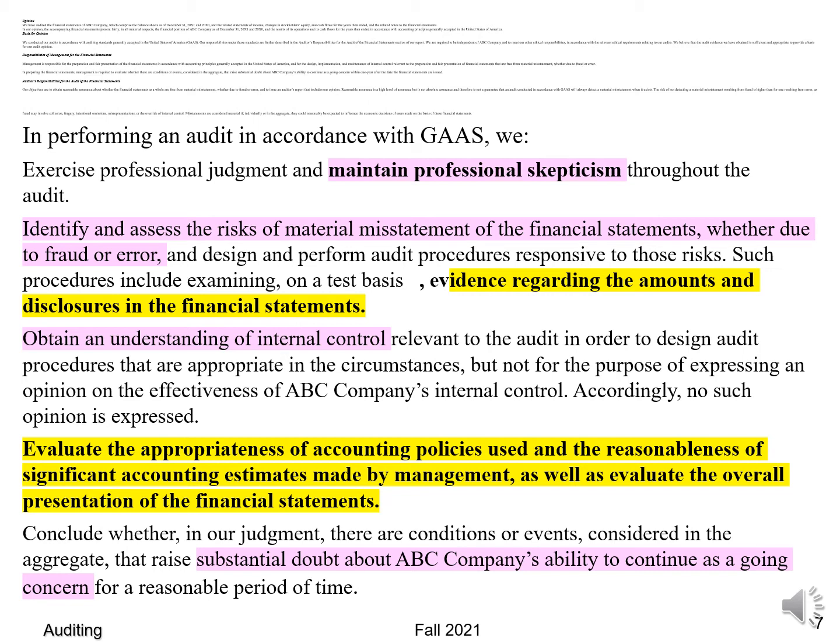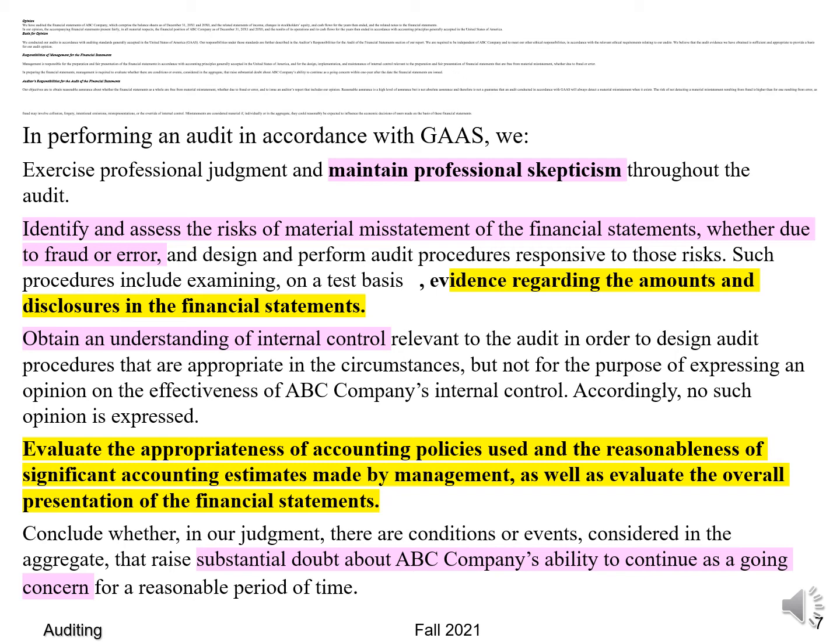Okay, so to me, there's 5 things we say: the amounts in the financial statements, the disclosures in the financial statements, the appropriateness of the accounting policies used, the reasonableness of the significant estimates made by management, and the overall financial statement presentation.